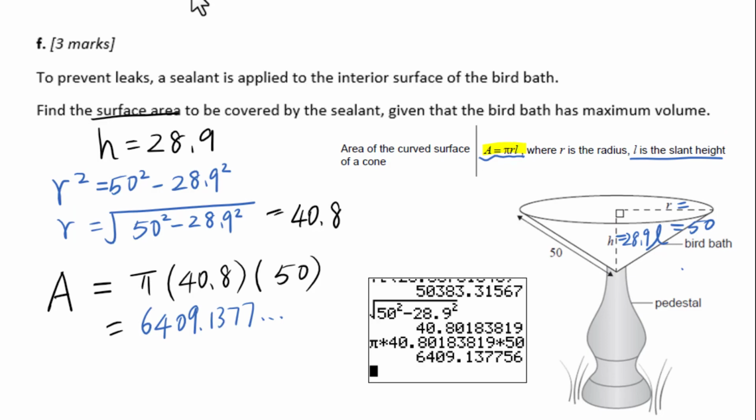If the answer is a bigger number, I recommend you write down the full answer because it is so easy to make a mistake for 3 sig figs when the number is bigger. The 3 sig figs for this solution is 6410.